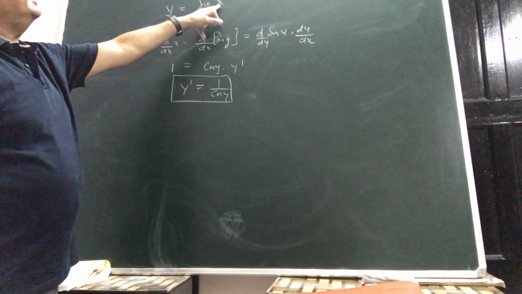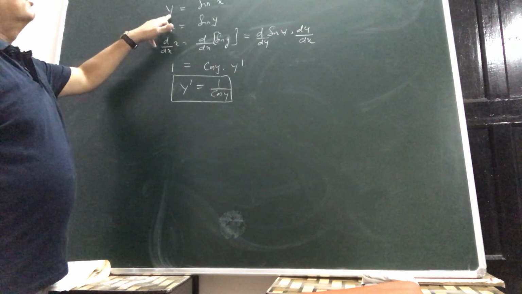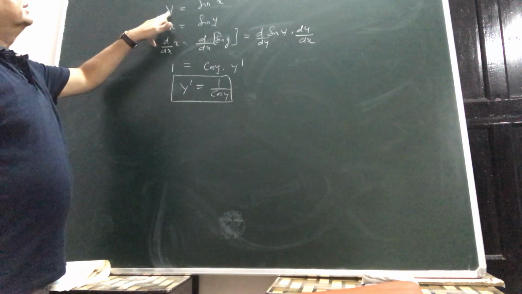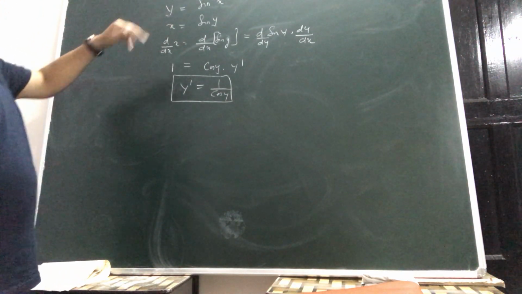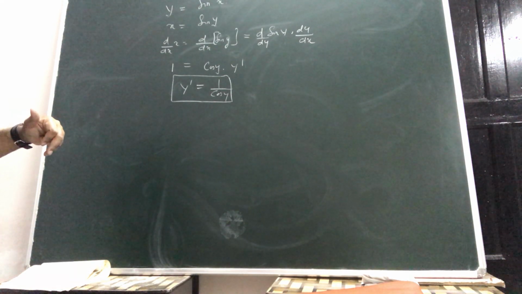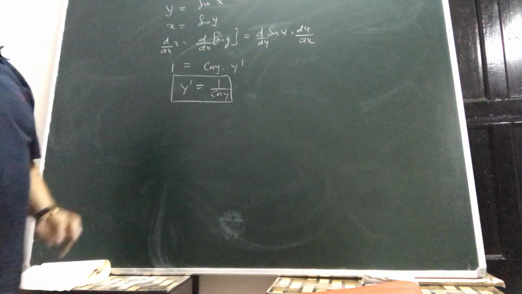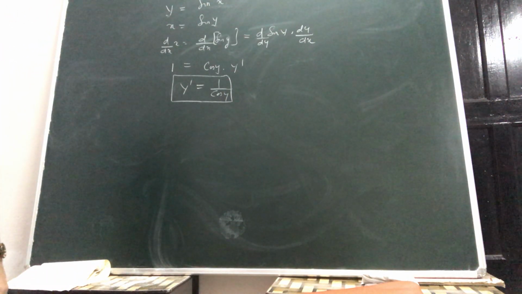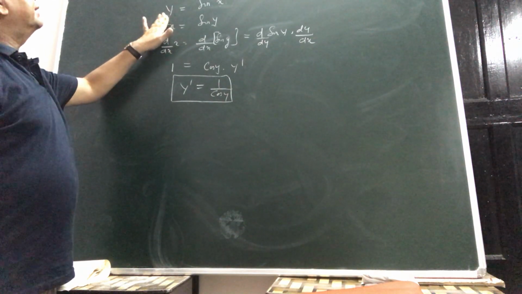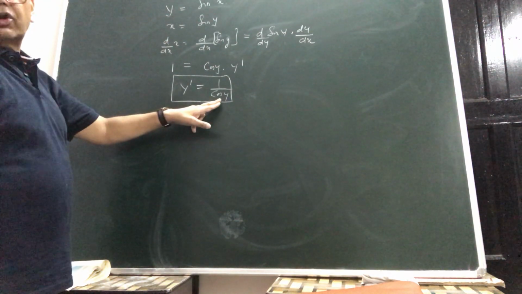Because when you are taking sin inverse x, x will lie between minus 1 and plus 1, and y will lie in the closed interval minus pi by 2 to plus pi by 2, both values included. So if y becomes minus pi by 2 or plus pi by 2, then this will not be defined.